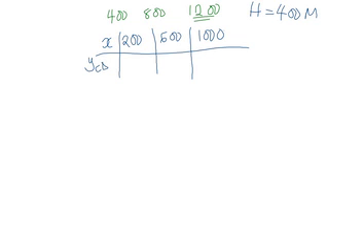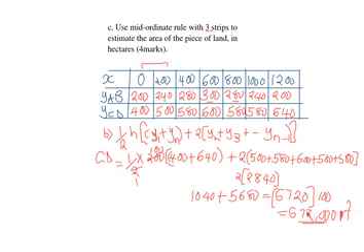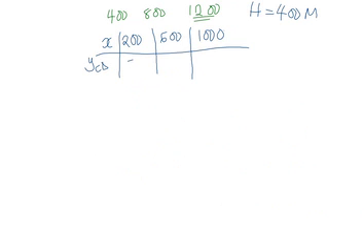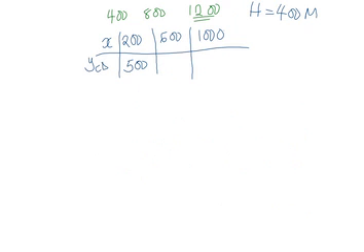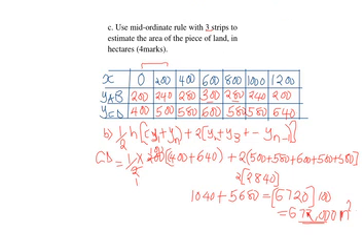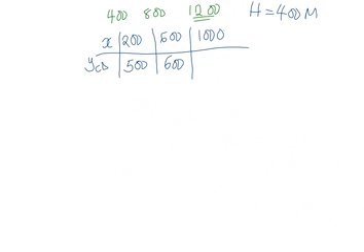We add it on our table. When x is 200, the value of y on CD is 500. And when it was 600, the value of y was 600. When it was 1000, the value of y was 580.